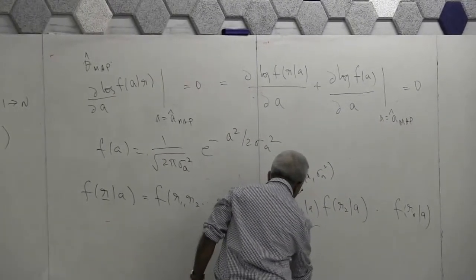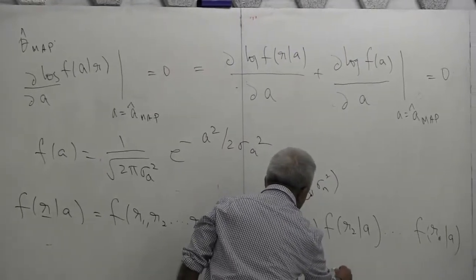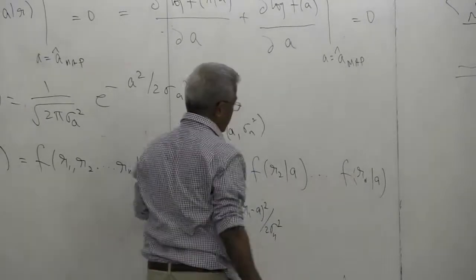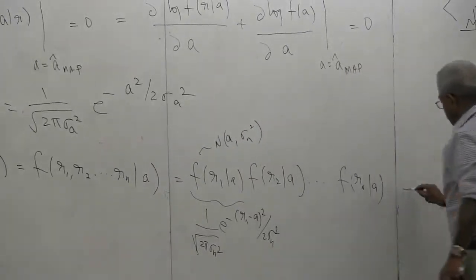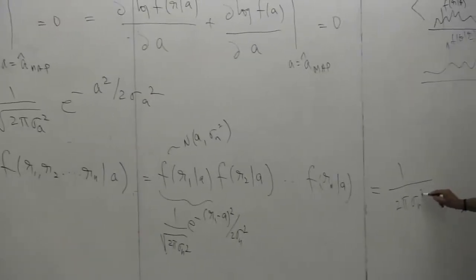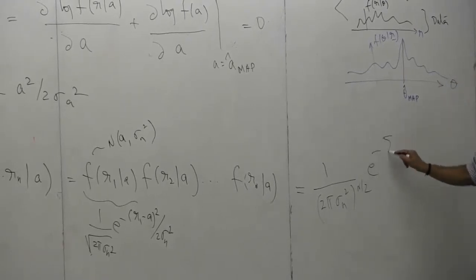So this is 1 over the square root of 2 pi sigma n squared, e raised to minus (R1 minus A) whole squared over 2 sigma n squared. If I multiply all of these, I'll get 1 over 2 pi sigma n squared to the power n by 2, e raised to minus summation (Ri minus A) the whole squared over 2 sigma n squared.